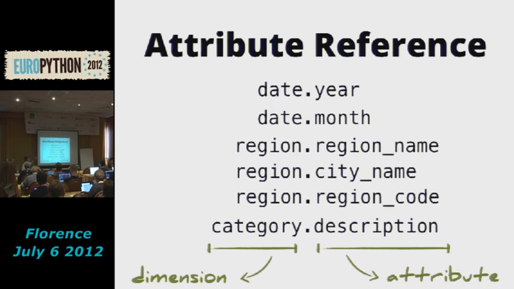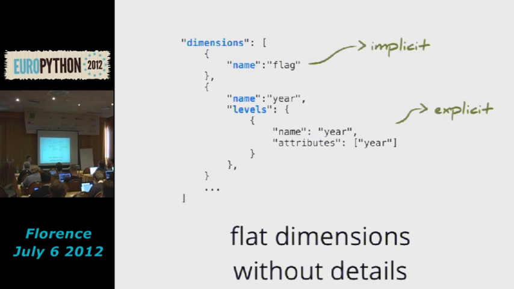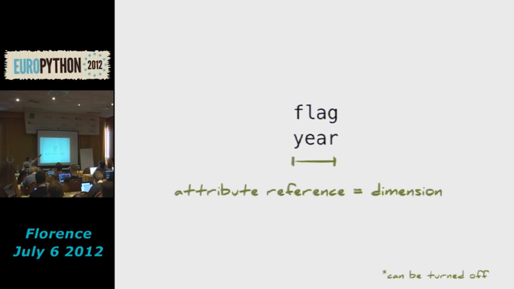In the case where we use just one word for describing the attribute, the reason is that you have a flat dimension without details, so the dimension has no hierarchy and no other details. For example, if you have the dimension organization, you can have details like the address or something. But if you have just the organization number as a dimension, or in this case year, then only the name of the dimension is used.